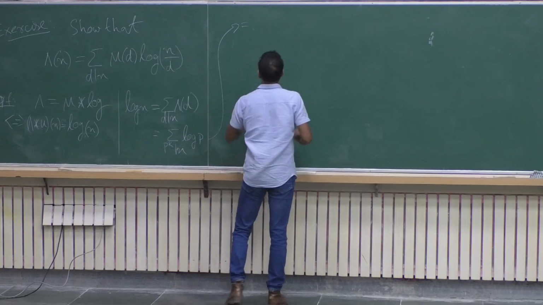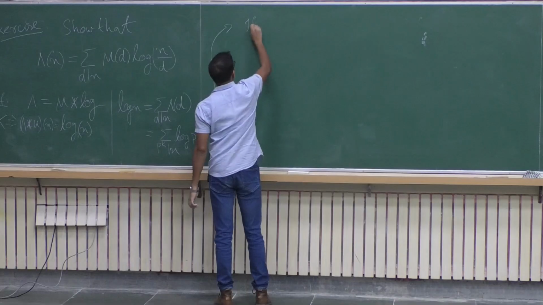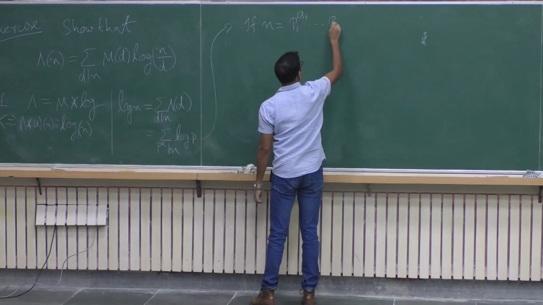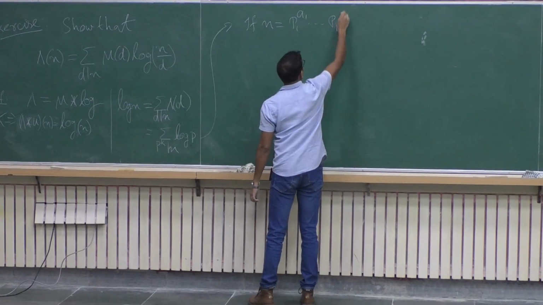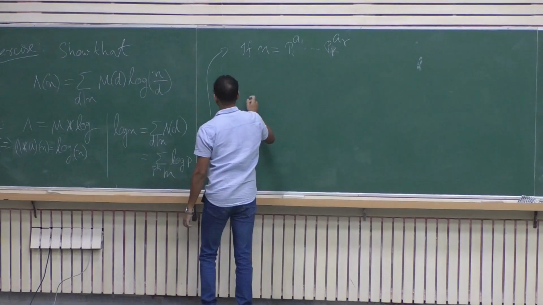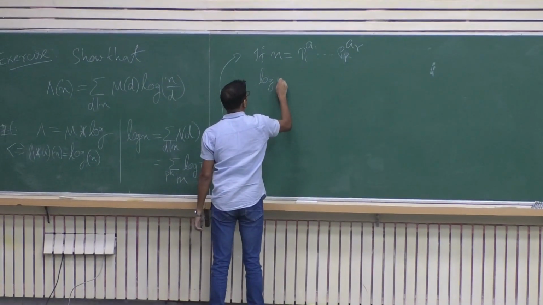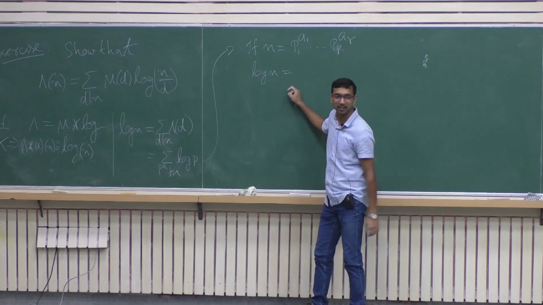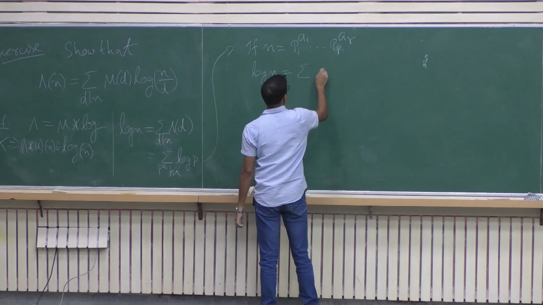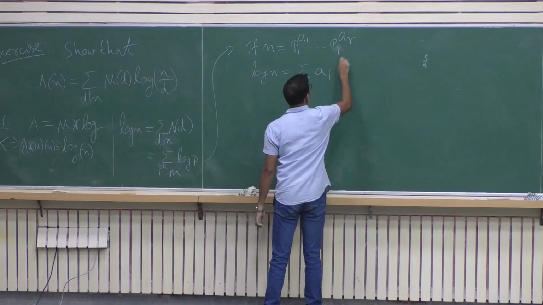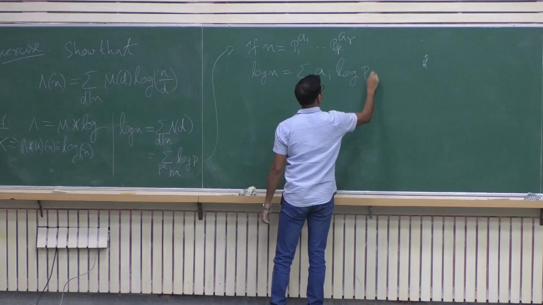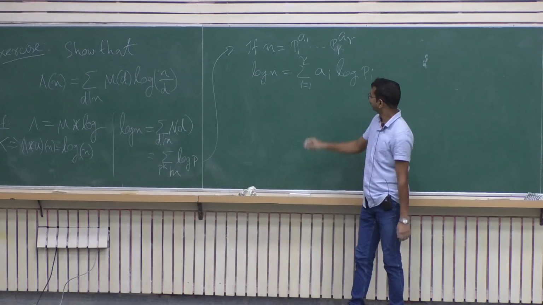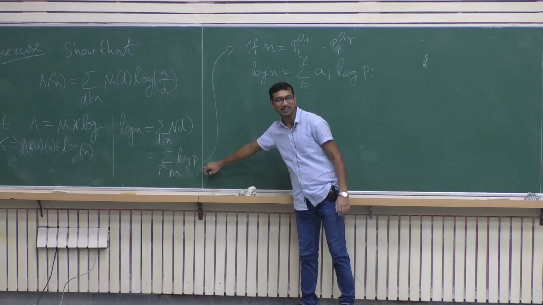So if n is equal to p1 power a1 up to pr power ar, say, then what is log n? Log n is the summation of ai log pi, i running from 1 to r. Isn't this the same expression?